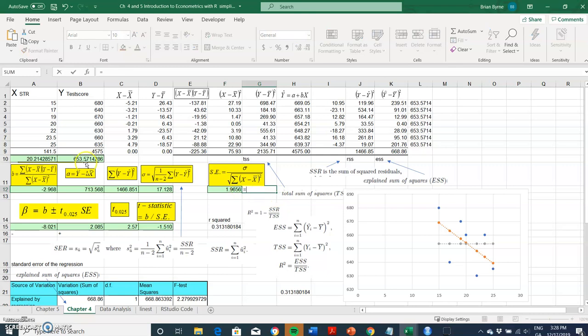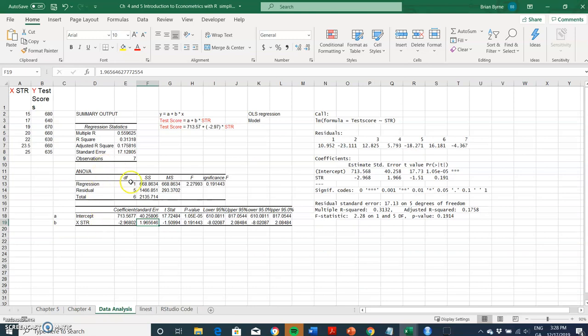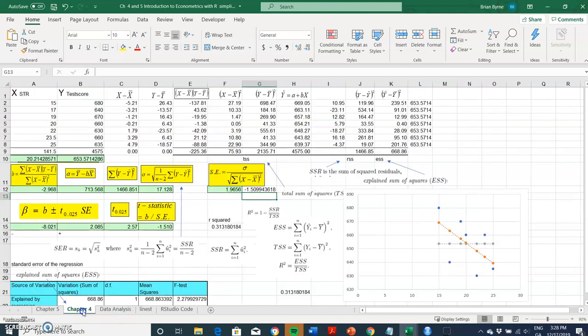If we take the beta estimate of the negative 2.96 divided by the standard error, we should get that 1.5099 or 1.51. Let's just make a quick comparison. 1.5099, 1.5099.